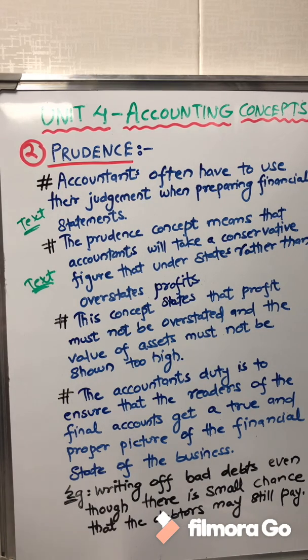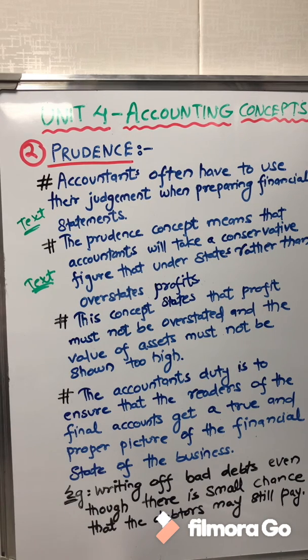Accountants often have to use judgment when preparing financial statements. Of course, accountants are the ones making financial statements of companies and organizations, so they make a few judgments while preparing them.